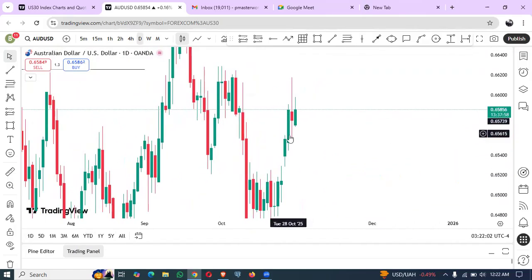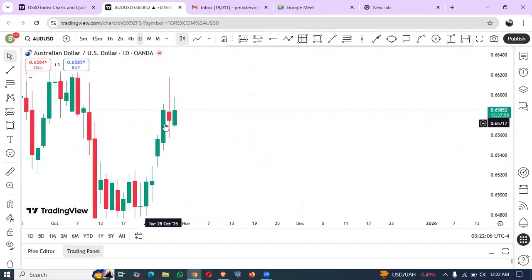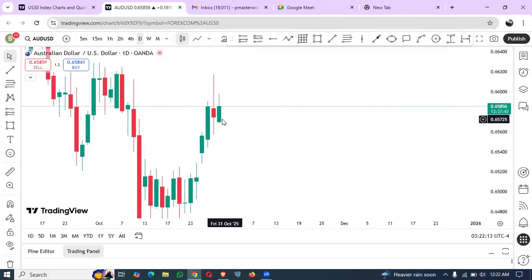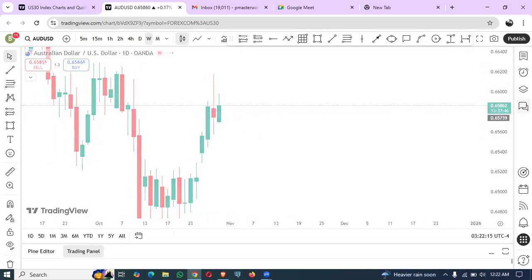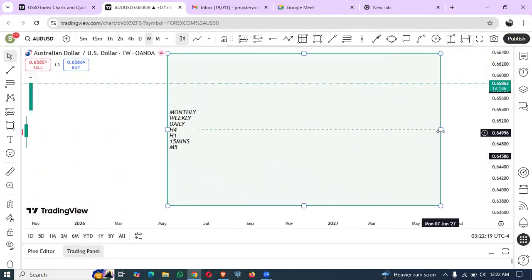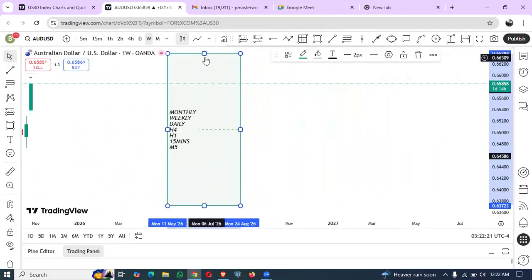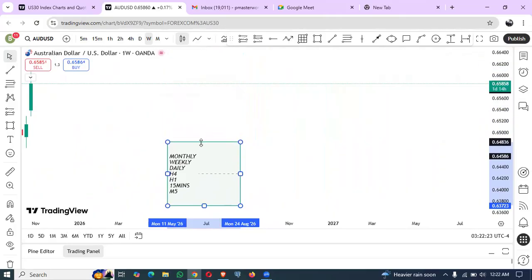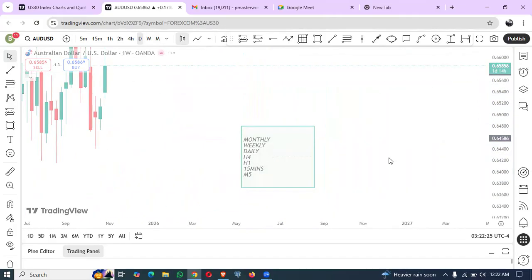We had this green candle here on Tuesday, then yesterday being Wednesday, we had a doji closing here above, telling us a possible sales bias. So I use these time frames for my analysis.